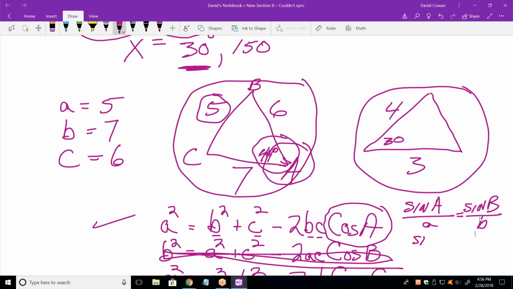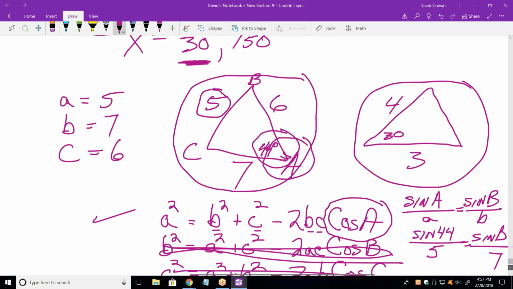It's the sine of 44 degrees divided by little side A, which is 5, equals the sine of B, which we don't know yet, but we're going to figure out, over 7.